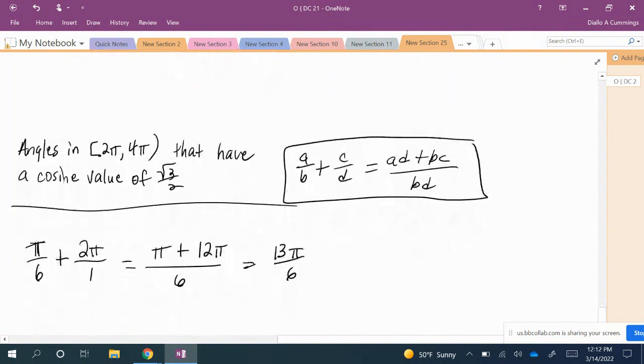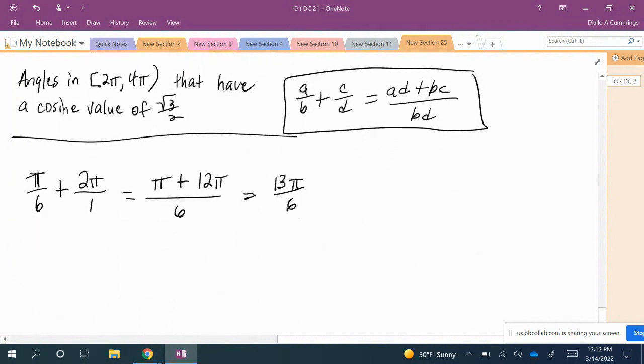I'm also going to take 11 pi over 6 and add 2 pi to it as well.